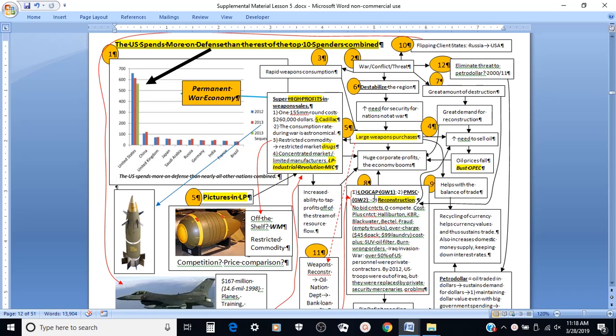So the first area I want to talk about is called LOGCAP. This is the Logistics Civilian Augmentation Program. What it is, is private corporations providing all sorts of support for the military that used to be performed by the military. For example, the Supply Corps in the Army. Take, for example, World War II.